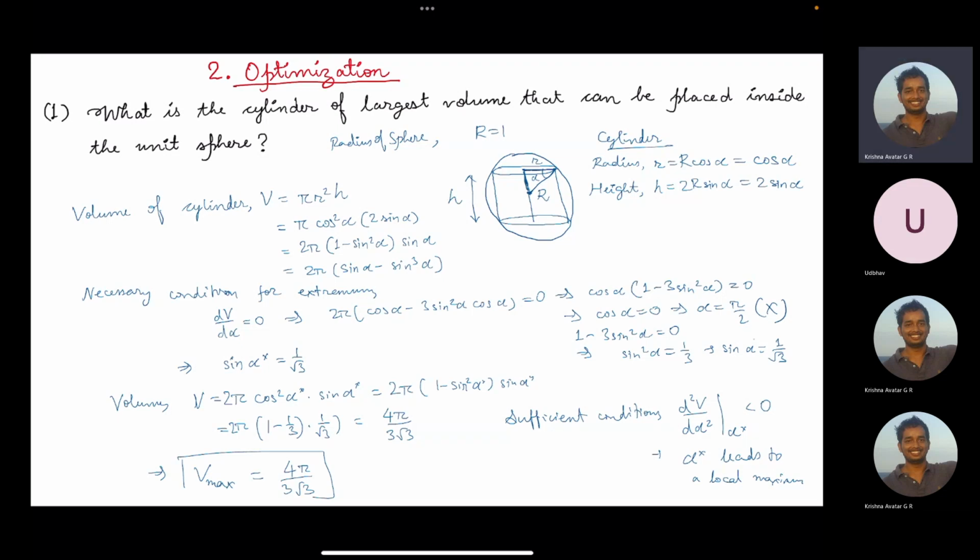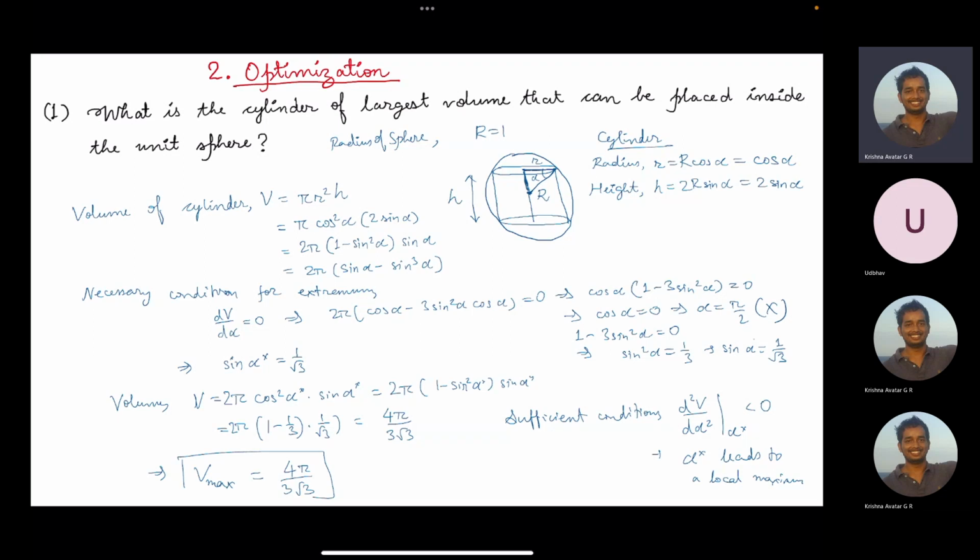This angle is called alpha, and from trigonometric relations we have small r equal to capital R cos alpha, which is cosine alpha. Half of the height is given by R sine alpha, so the total height is 2 R sine alpha, which is 2 sine alpha.